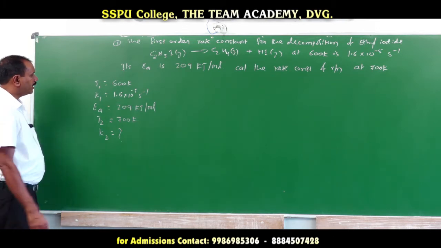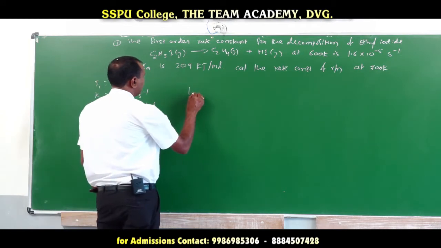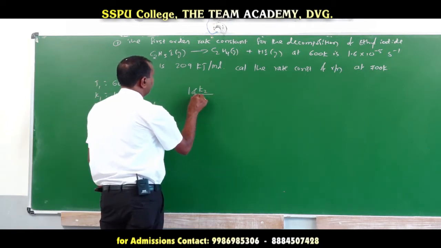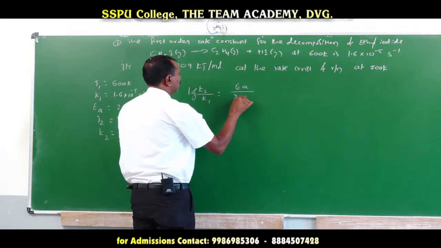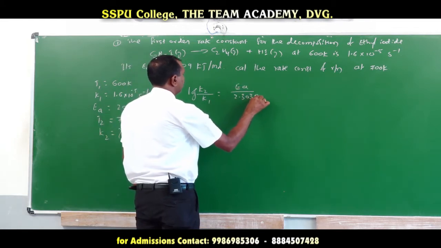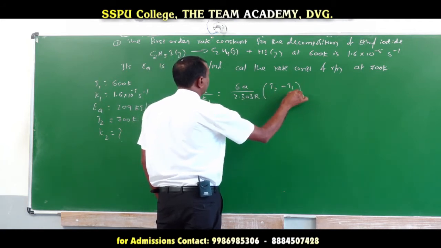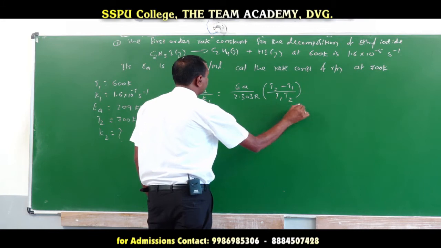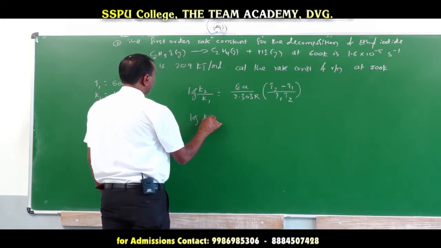So at two different temperatures, the rate constant can be calculated by log K2 by K1 equals Ea by 2.303 R into (T2 minus T1) divided by T1 T2. So how to find out log K2?